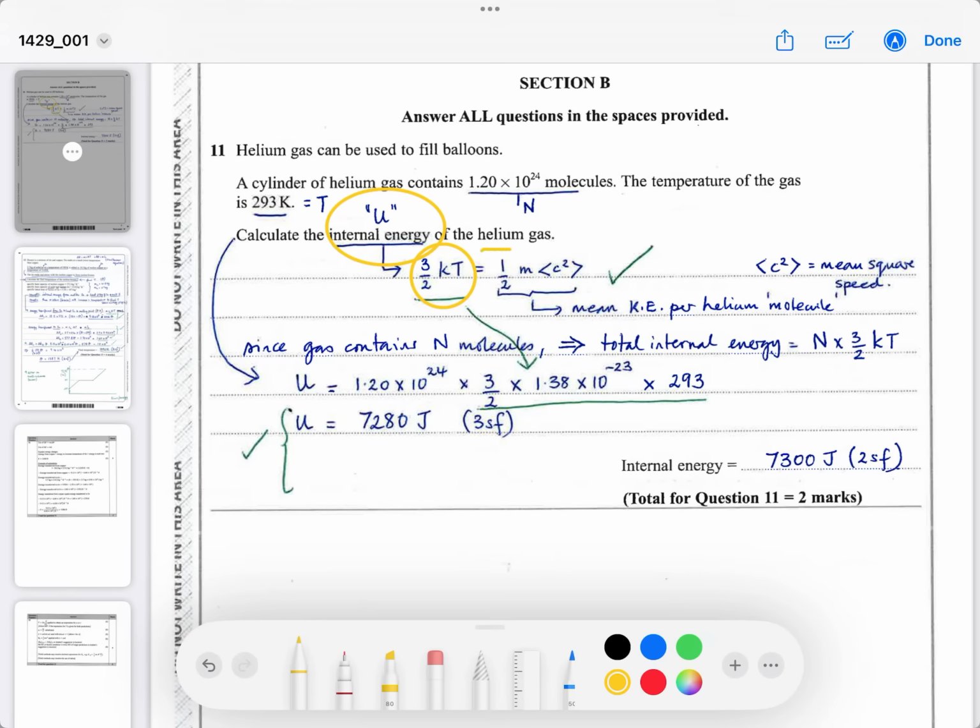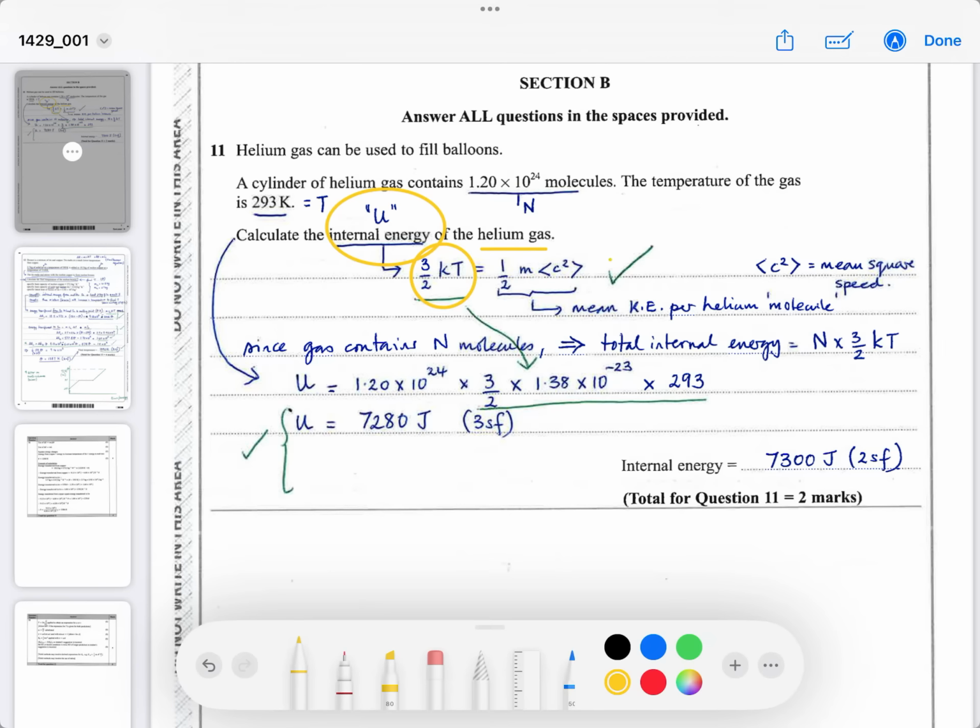However, helium gas is an inert gas, so it doesn't really have much attraction with other helium atoms, so that's monatomic. So it is okay to assume that all the internal energy is due to kinetic energy.